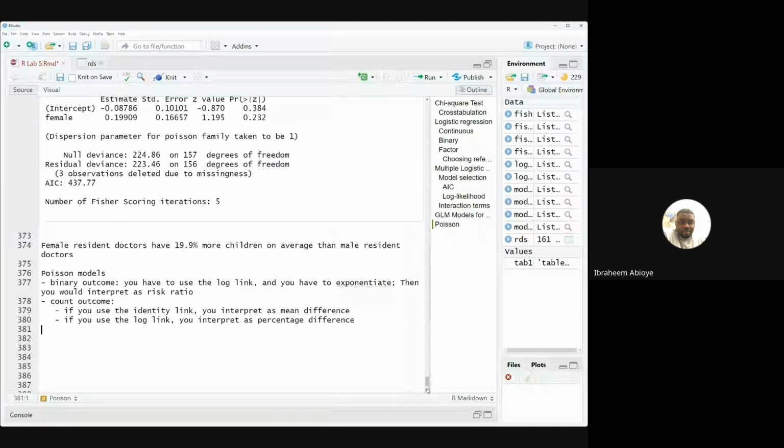Let's switch over to talk about how we select confounders. For this one, I'm going to switch to my tablet.